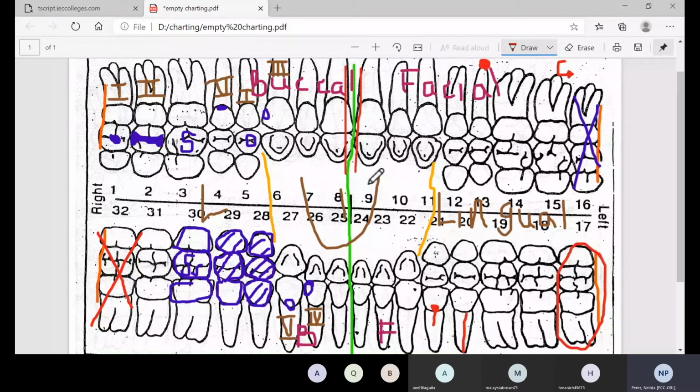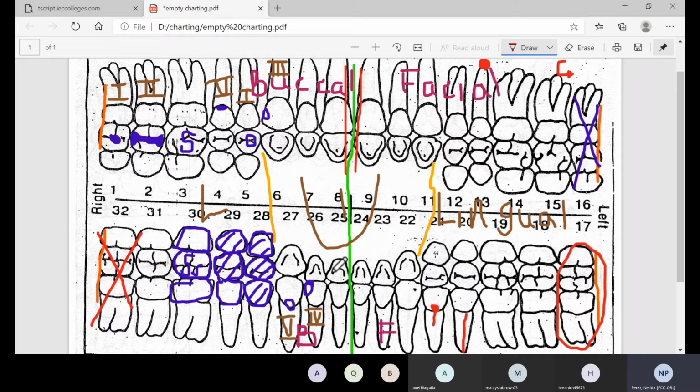Now, in that same picture on your 197, this symbol is next to it. So again, I already told you what this symbol is. Needs a post and core because it's in red. If it was in blue, had a post and core. The other symbol, and it's a little bit backwards in the workbook, but this is where it would be in the mouth.